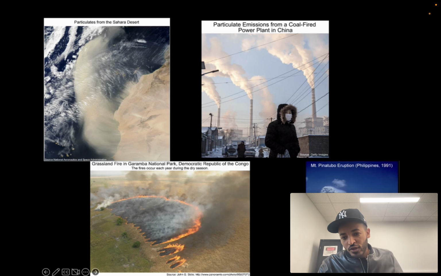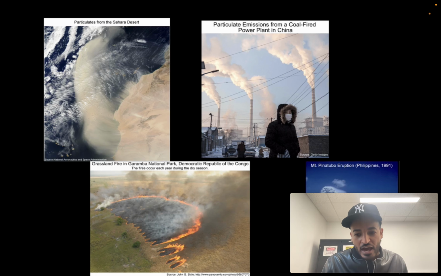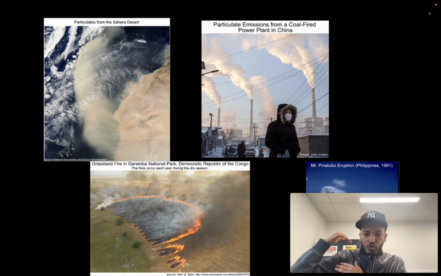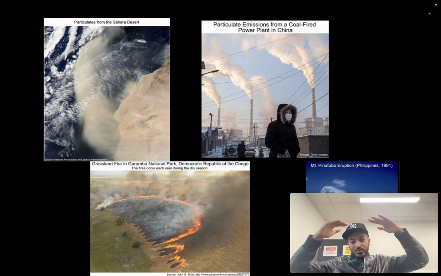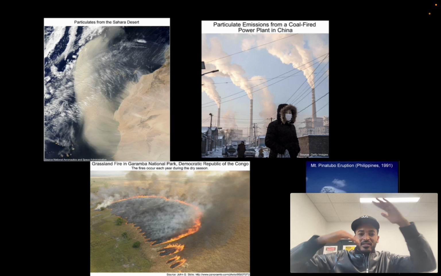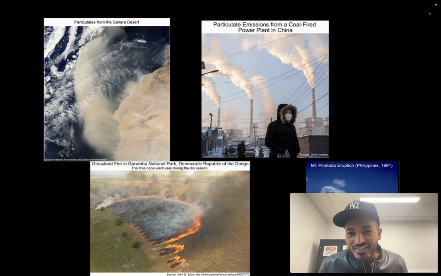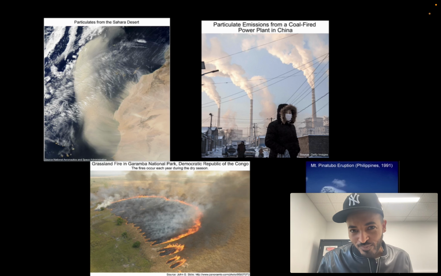And of course, when we have, for instance, volcanic eruptions, we have these aerosols, and on a shorter time basis, they can impact temperatures, right? So if we have aerosols in the atmosphere, they interact with the Earth's energy balance, right?